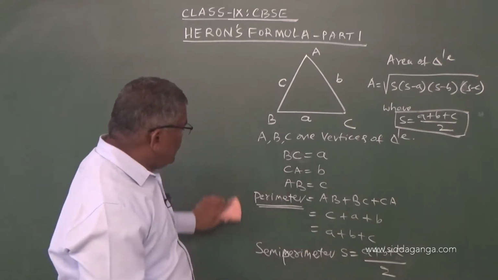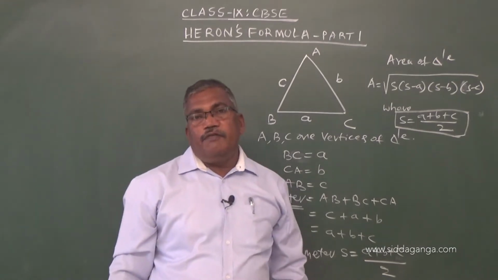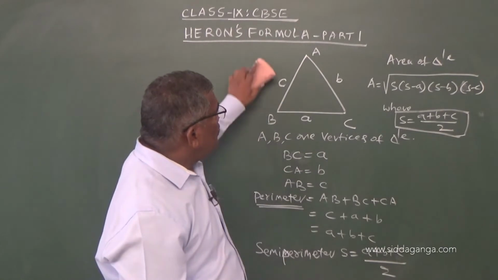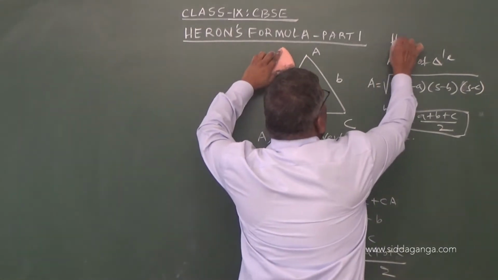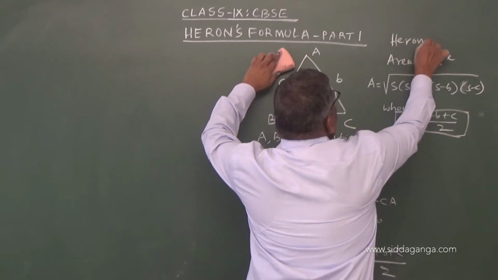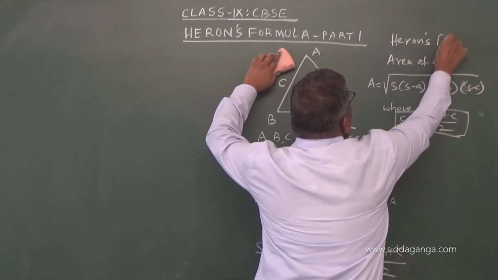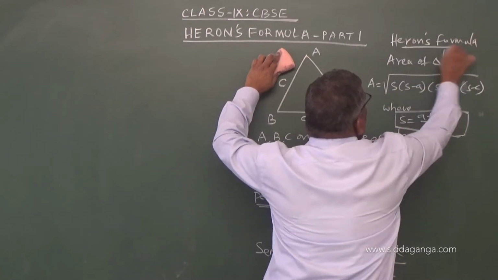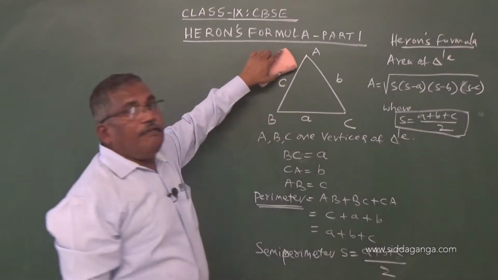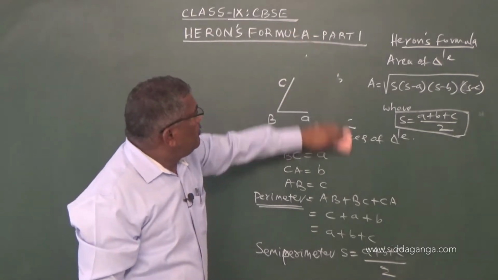Now we shall use this formula and find the area of some triangles. This is Heron's formula for finding the area of the triangle.